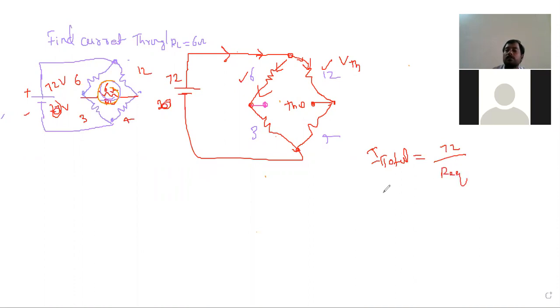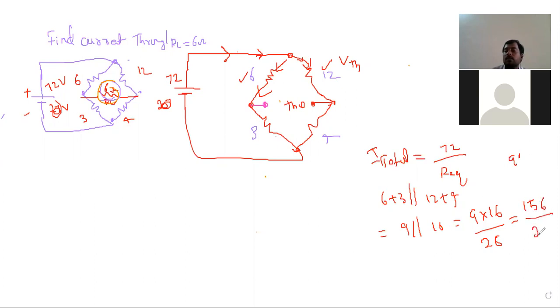R equivalent is equal to 6 plus 3 in parallel with 12 plus 4. 6 plus 3 is 9, in parallel with 12 plus 4, which is 16. That is 9 into 16 by 9 plus 16, which is 144 by 25.